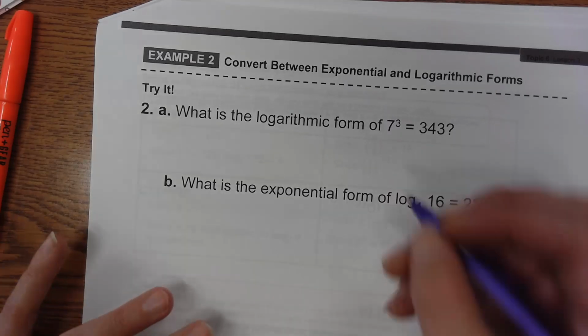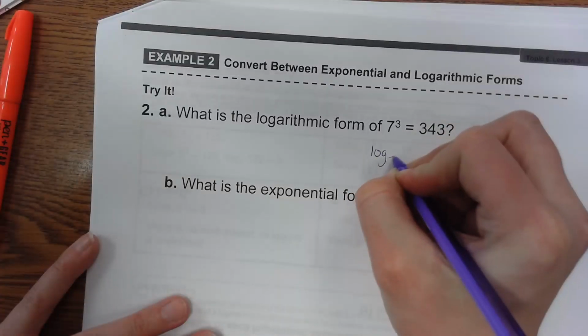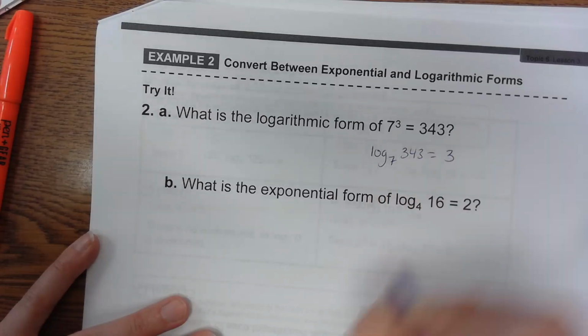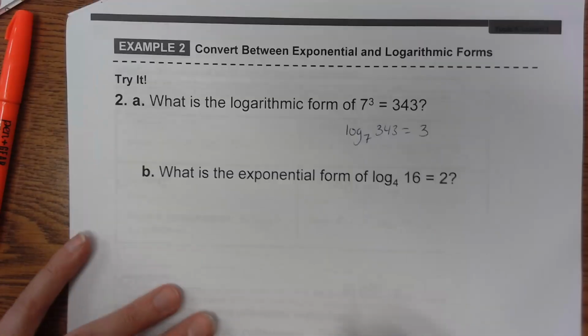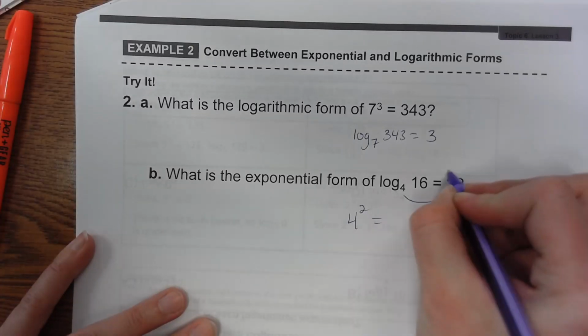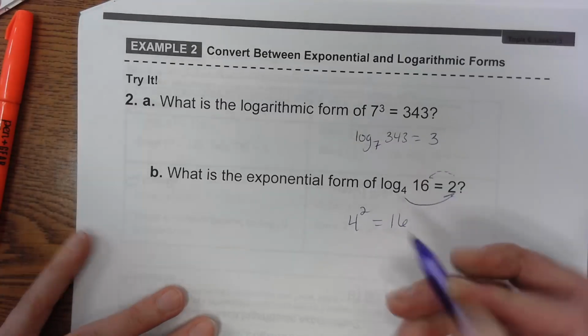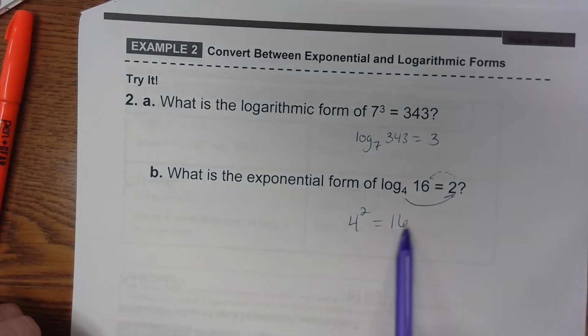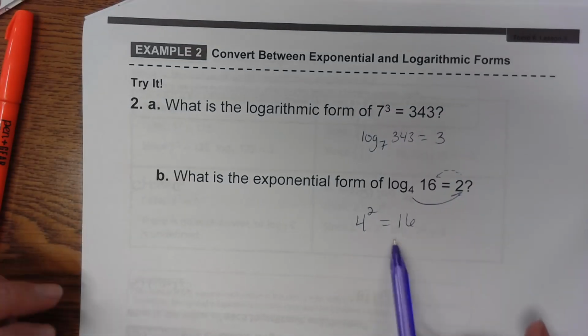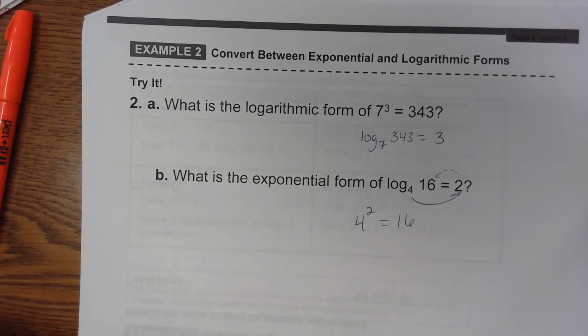Alright, let's see how you did. Log form should be log base 7 of 343 equals the exponent of 3. We should have 4 squared equals 16. So this one should make sense, right? We shouldn't have had any other combination, because otherwise we would have known it wouldn't equal each other.